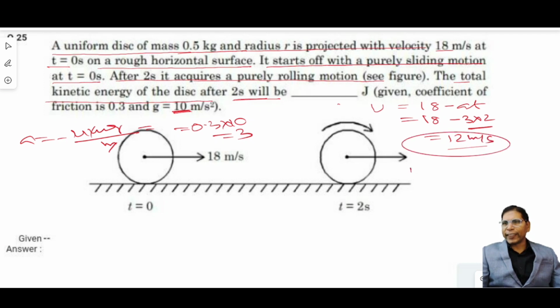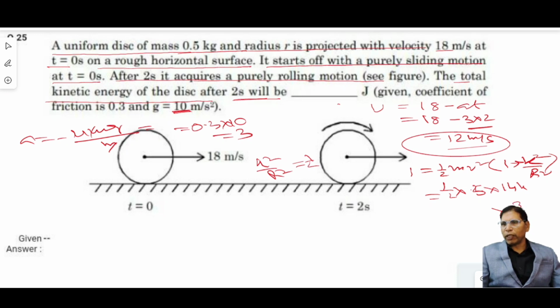So total kinetic energy is half mv square into 1 plus k square by r square. Now half mv square is half into 0.5 into v square, that is 144, into 1 plus k square by r square. For a disk, k square by r square equals half. So this is 3 by 2.